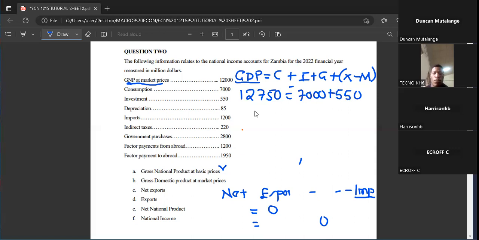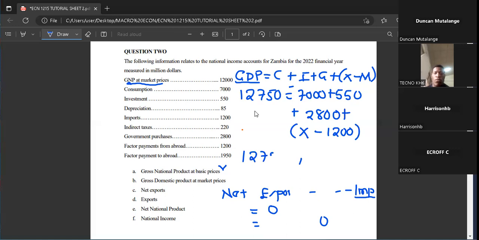Then plus our G, government expenditure, is 2,800. Then plus our exports, which we don't know, minus our imports, which are 1,200.